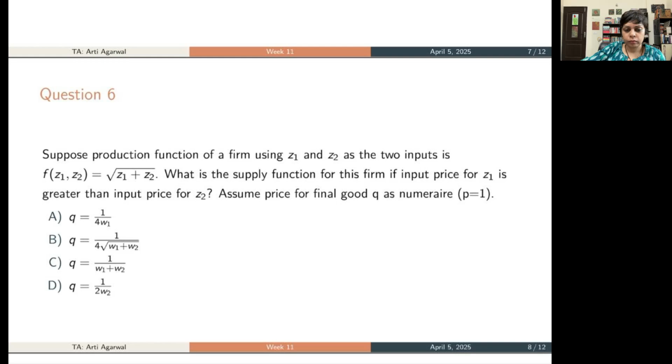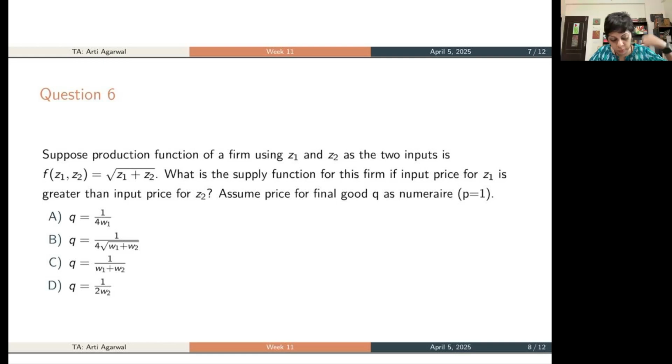Yeah, so Z1 and Z2 are inputs, maybe like K and L. You can call it K and L, you can call it Z1, Z2, whichever way you like. I think I have not mentioned, W1 and W2 are the prices of Z1 and Z2, equivalent of rent and wages or something like that.